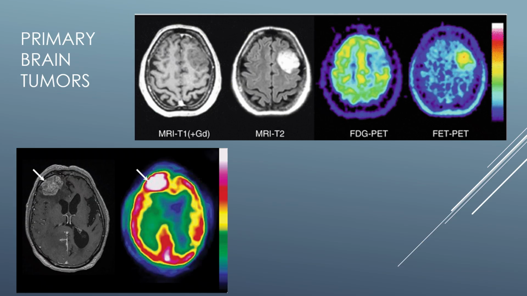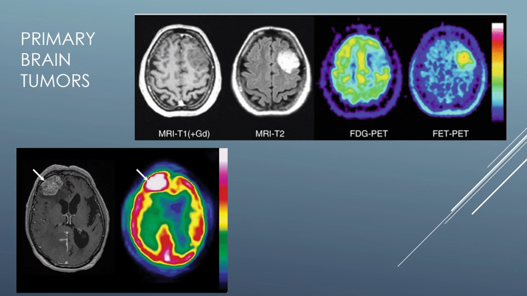Now, when it comes to gliomas, those are very messy tumors. You'll have areas of necrosis inside of them that will be cold, surrounded by regular activity where it's not taking up glucose at a higher rate, and then you have inflammation around it, which causes hypermetabolism or increased glucose uptake.